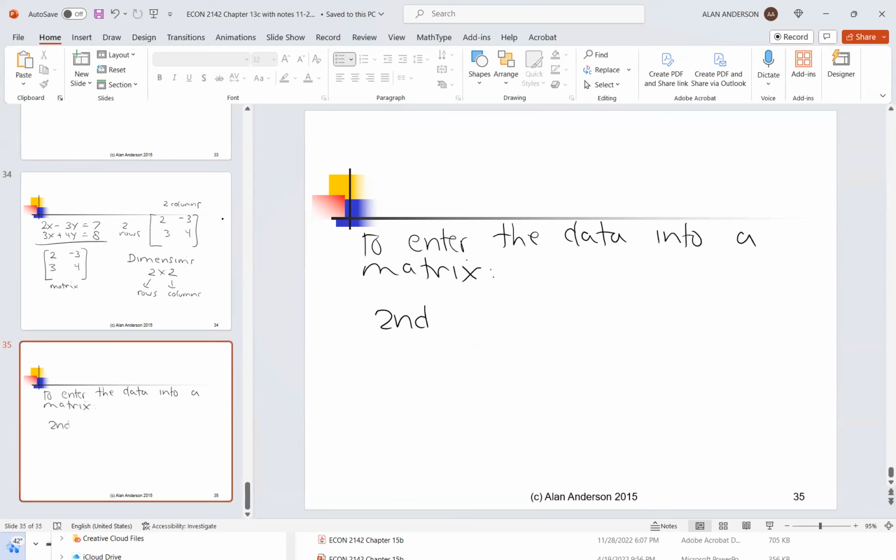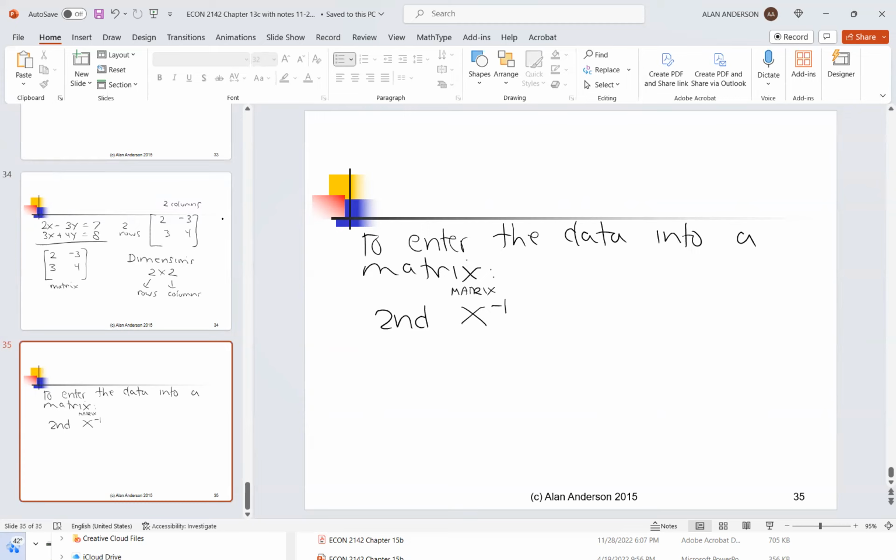Second, now for this one, it's not second vars, it's second, and then there's a button here which you may not have noticed before, X inverse. If you look towards the middle of the first column of buttons, it's very close to the sign button. And if you notice directly above this button, X inverse, it has tiny little letters where it spells out the word matrix. So if you choose it, you'll have a lot of information there.